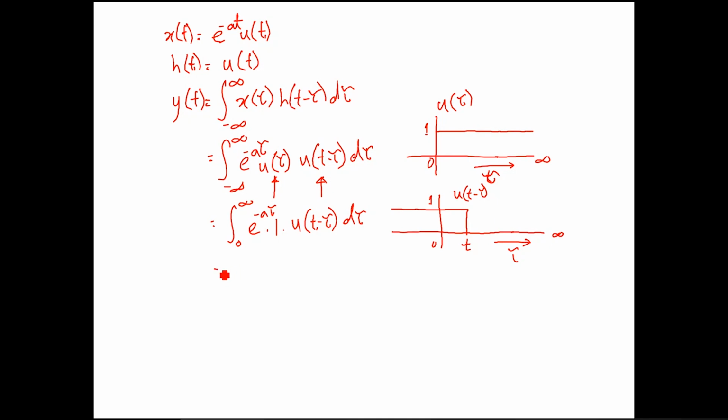So we are going to have two values here: from 0 to t, e raised to the power of minus a tau times 1 times 1 d tau. This will be the value for t greater than or equal to 0, and for t less than 0 it will be equal to 0. So if you see this, we end up getting the same thing that you see on your slide.